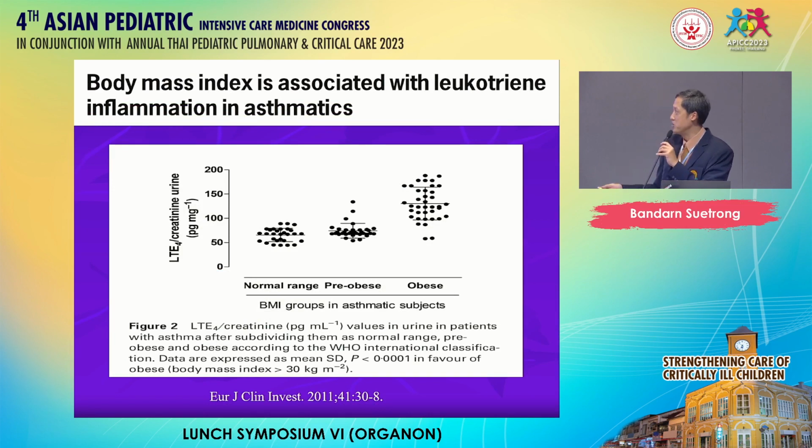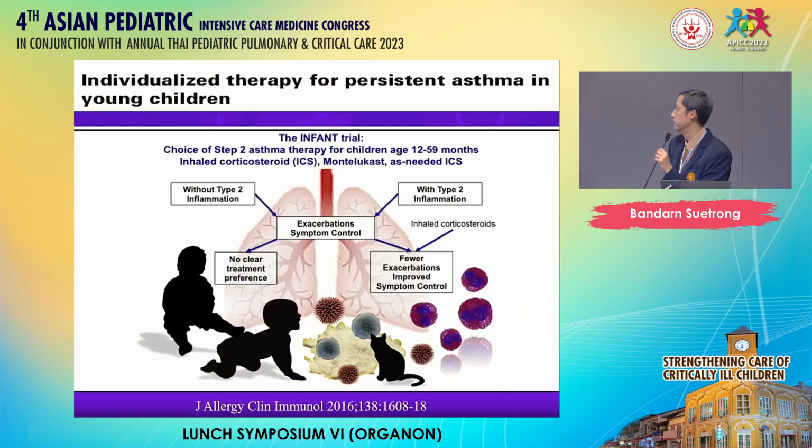If we measure the urine leukotriene E4 in asthmatic patients who have a normal body weight compared to asthmatic patients who have a high body weight or obesity, we will find that the leukotriene E4 is higher in the asthmatic patients who have severe obesity. So that might be a preferred group to choose montelukast.